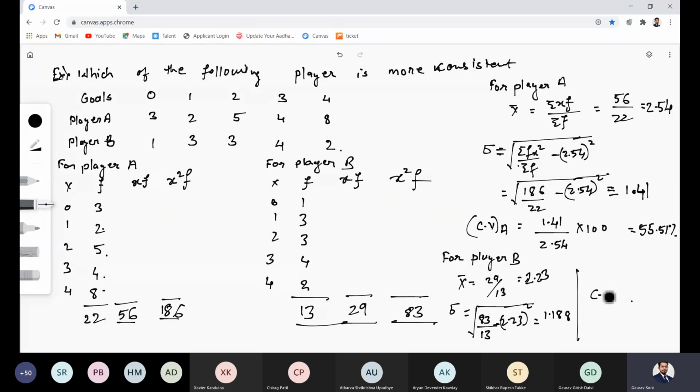So coefficient of variation of B is equal to 1.188 upon 2.23 into 100. So the answer is 53.27.